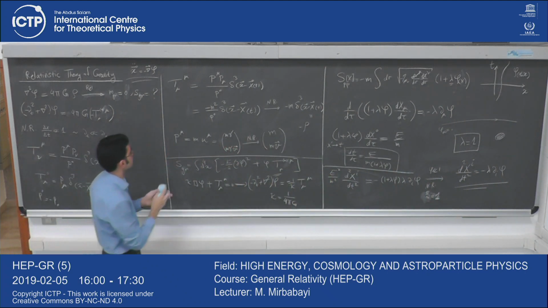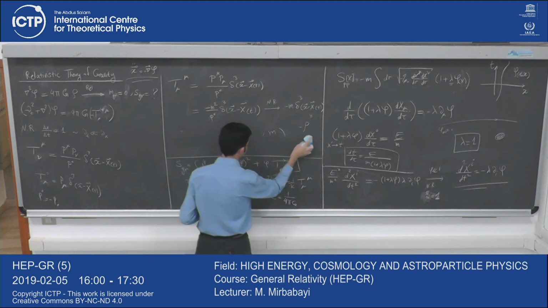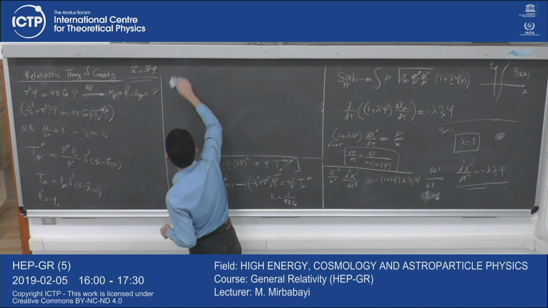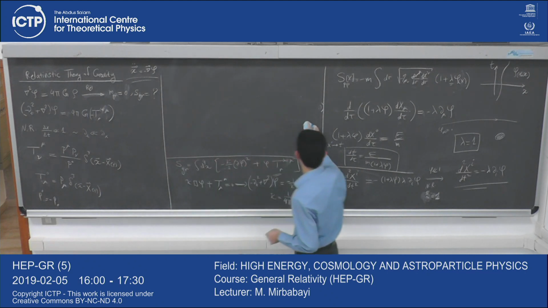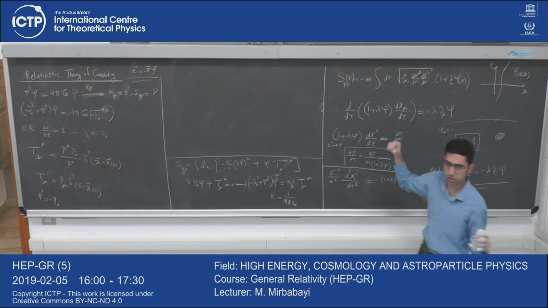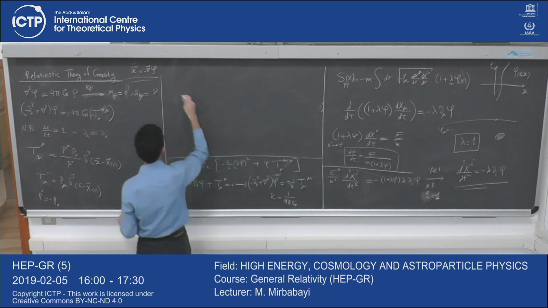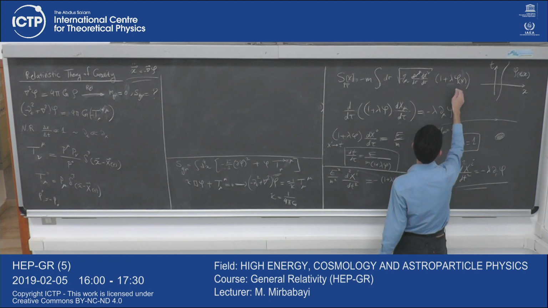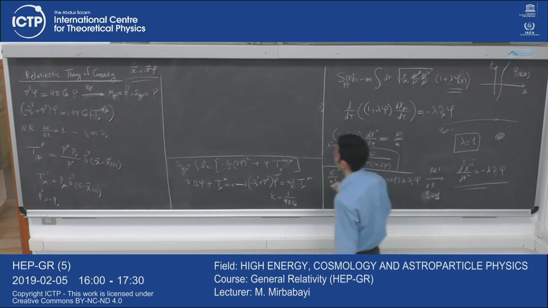How do we do that? We can just take this world line and write it in a four-dimensional fashion. And I only care about the coupling to the phi, so I only care about this term.